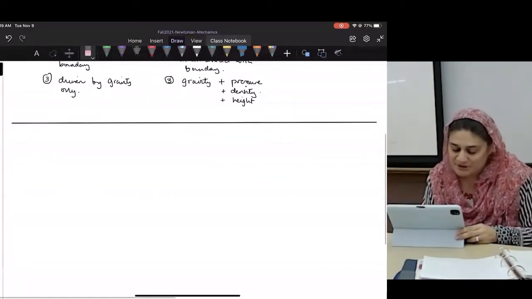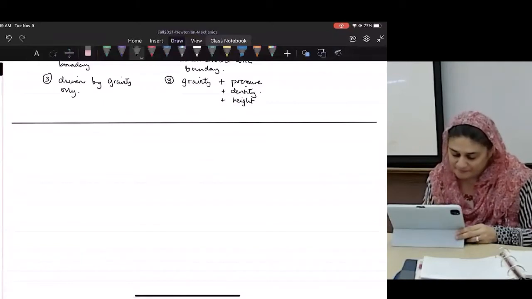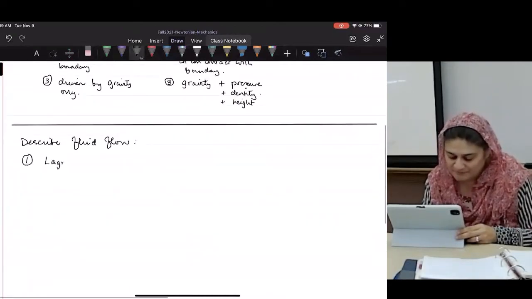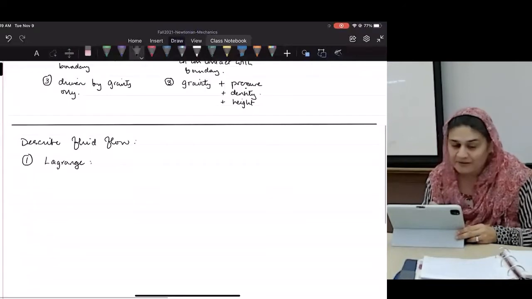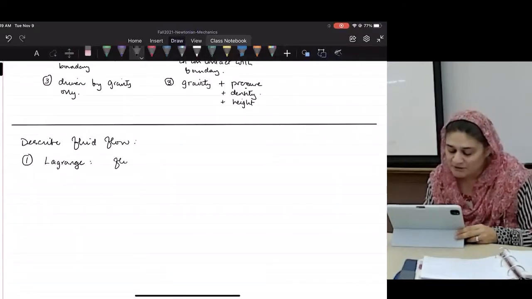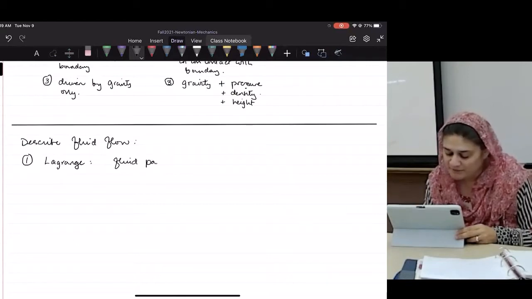To describe fluid flow, one, Lagrange, came up with a definition that he called a fluid particle.